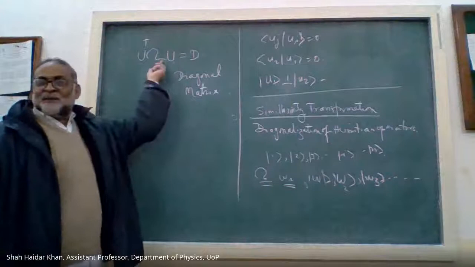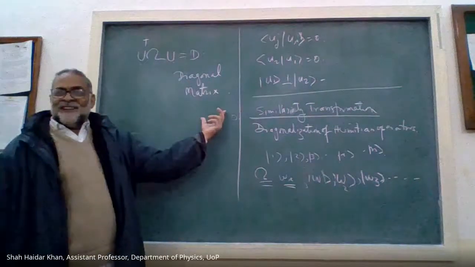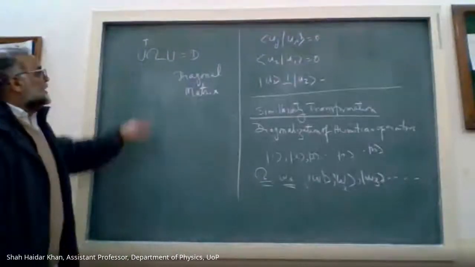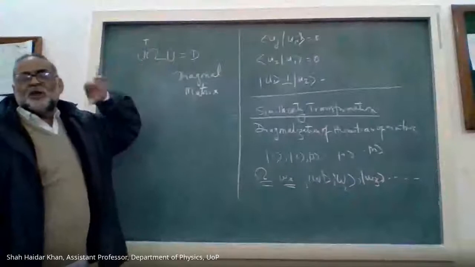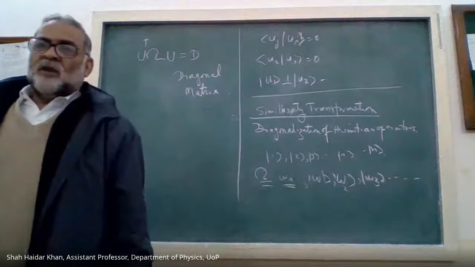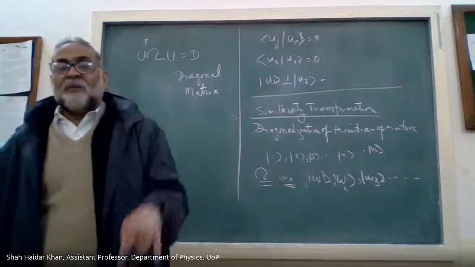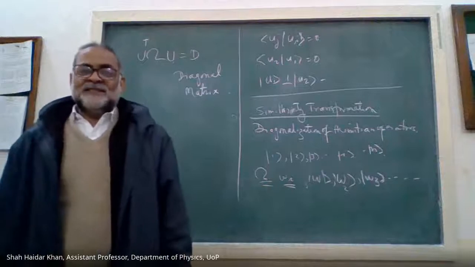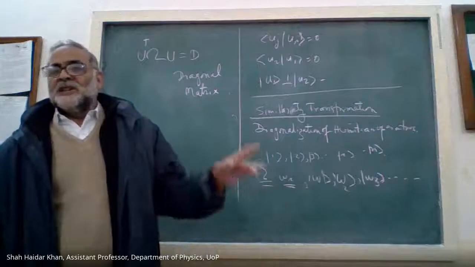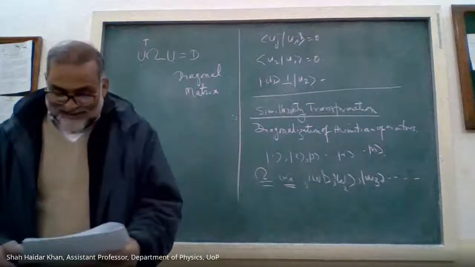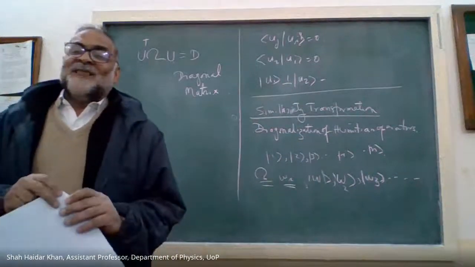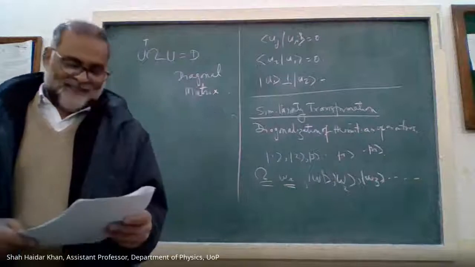In one you use x, y, z, in the other you use theta, phi. The operator is the same, the derivative is the same. So this is called similarity transformation. When you change a matrix from any basis to be represented in the form of its eigenvalues, in diagonal form, this situation is called diagonalization of the matrix or similarity transformation. And this makes our problem easier. This makes our life easier.